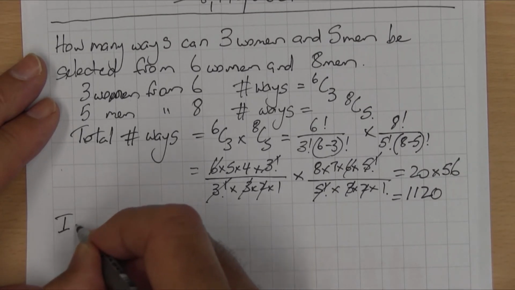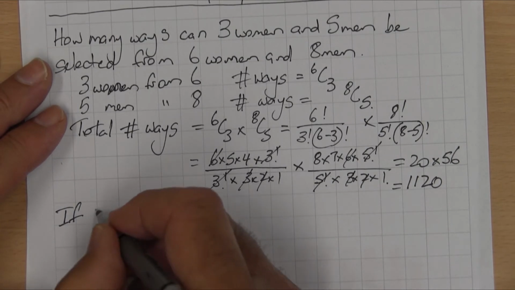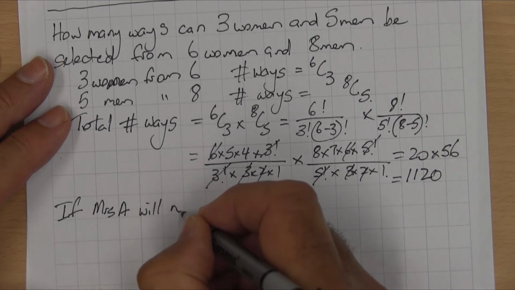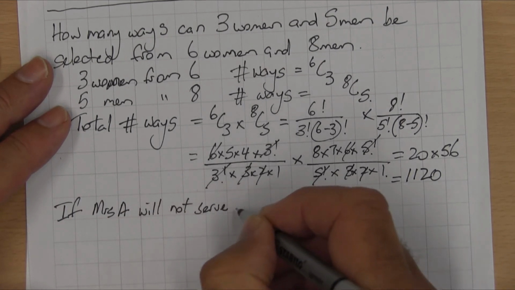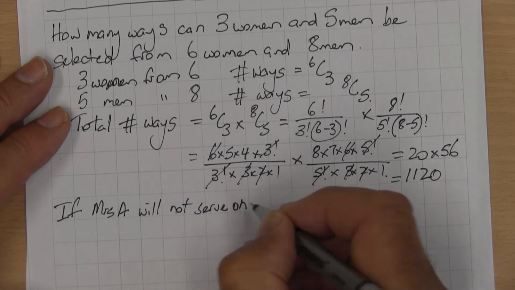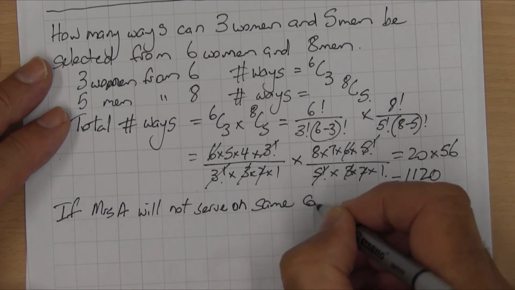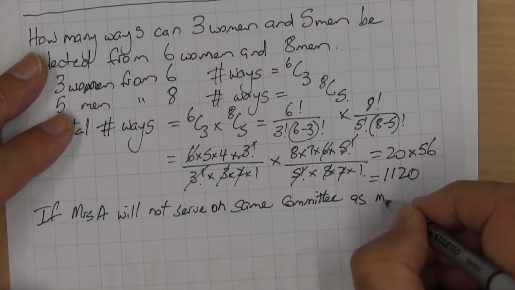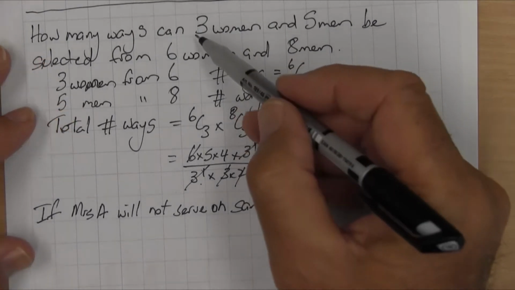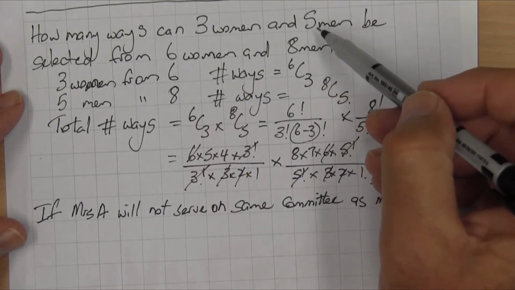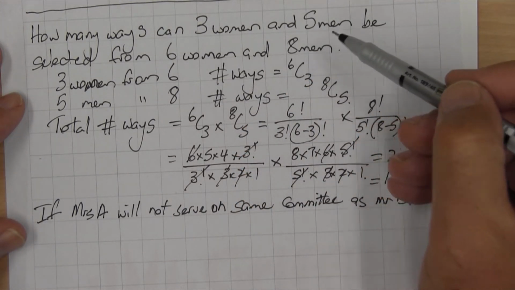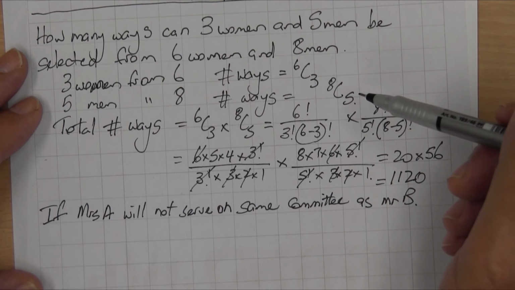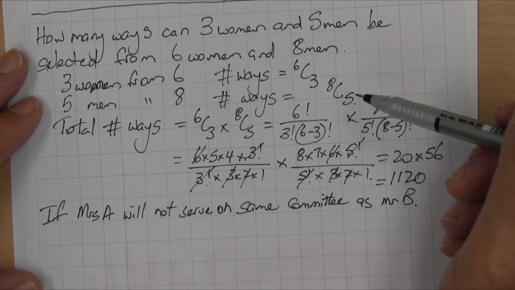So if Mrs. A will not serve on the same committee as Mr. B. So Mrs. A is one of these 6 women and Mr. B is one of these 8 men, and they won't go on the committee together. We can't form a committee, so we want to know how many committees we can actually make up.